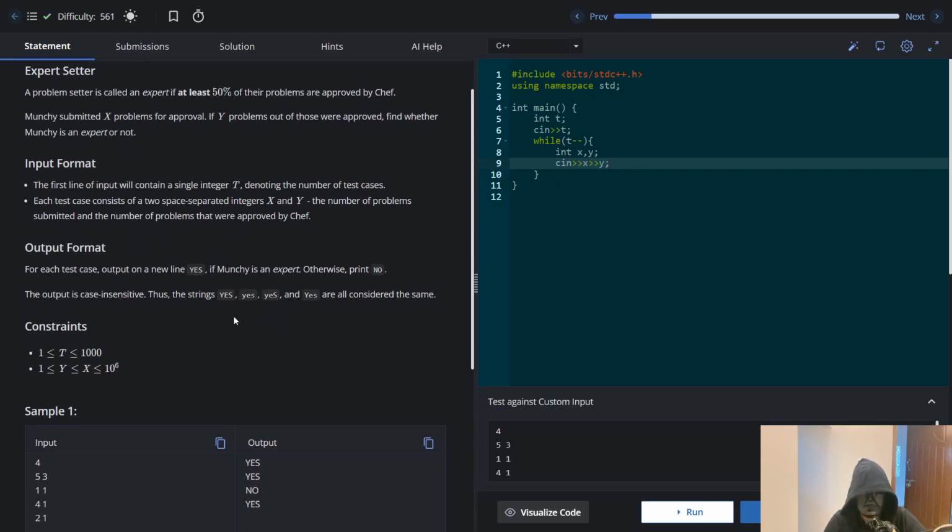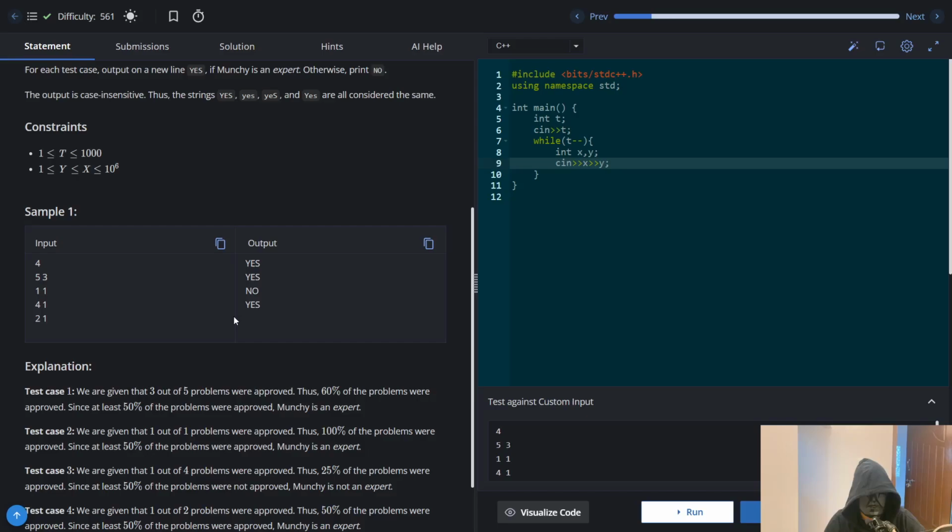Before going to the solution, let's understand some of the examples. Here t is the number of test cases. Munshi has submitted 5 problems, out of which 3 are approved, which means chef is telling that these 3 problems are perfect. If you do 5 by 2, that is basically 2.5, that is 50%.